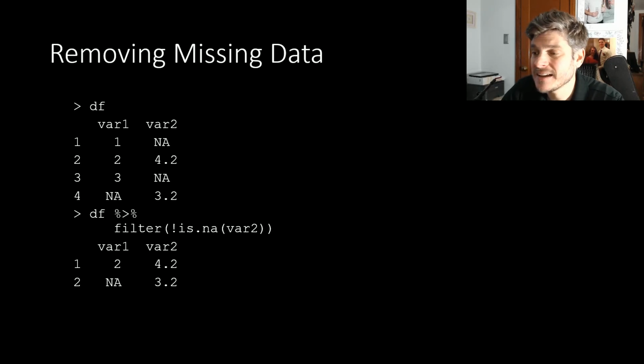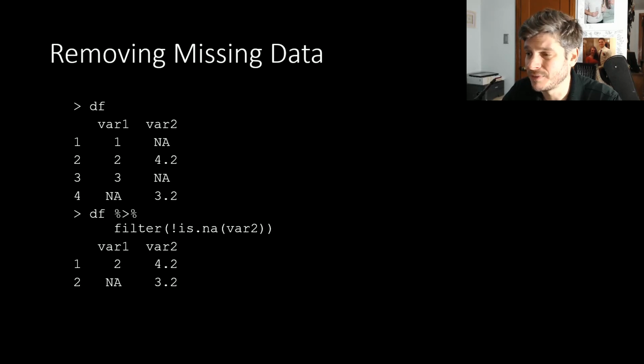And again, see how even though there's an NA in variable 1, doesn't matter. I still got to preserve that data because, again, maybe I'm only concerned with variable 2 right now. That's the only variable that I'm actually really investigating.